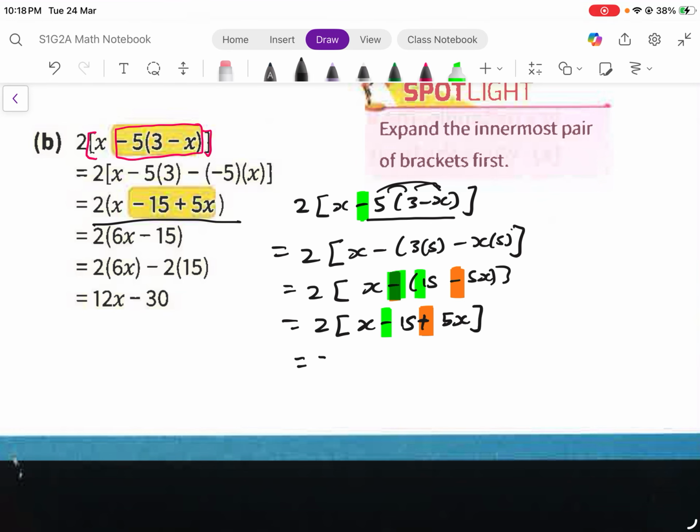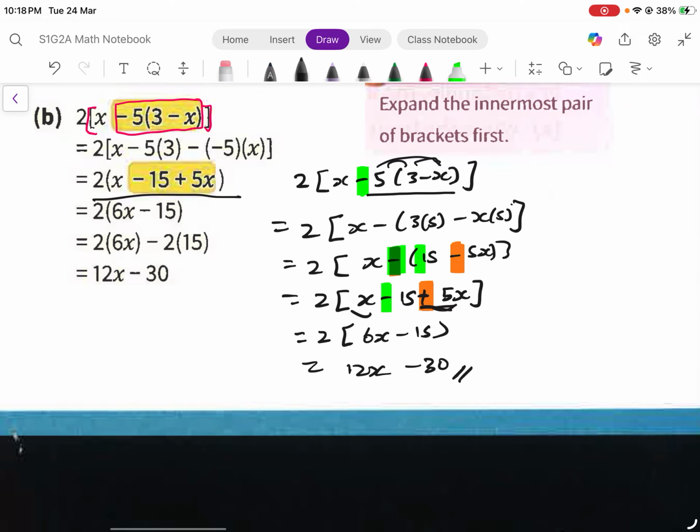Okay, so resolve: x plus 5x is 6x, minus 15, then you double: 12x minus 30. Okay, so we get the same answer. So either way is fine.